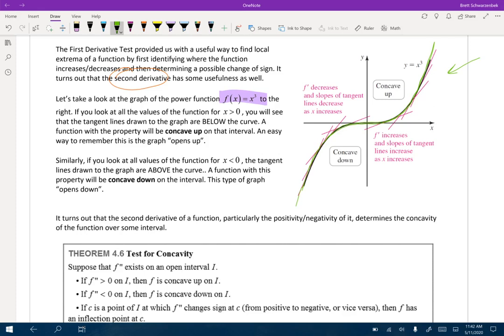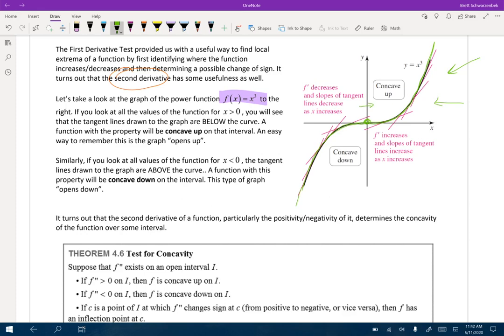If you look at the right side, anywhere from 0 to the right, and you draw those tangent lines, interestingly enough, the tangent lines all appear below the graph.